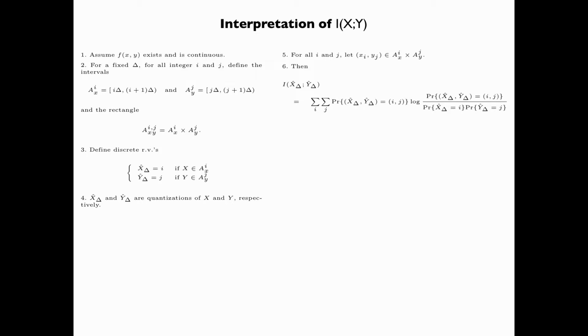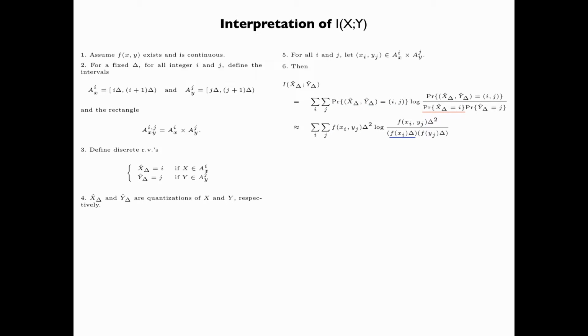In the next step, we approximate the probability that X hat delta and Y hat delta equal i and j by f_XY(x_i, y_j) times delta squared. This is valid because we assume that the joint PDF f_XY is continuous.